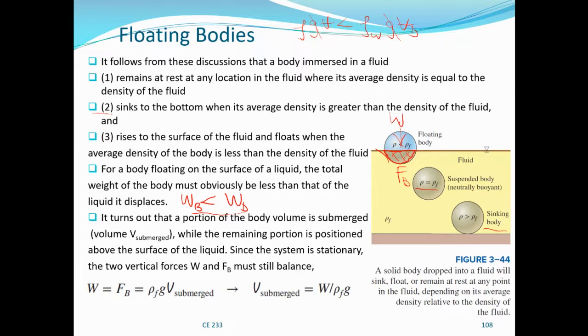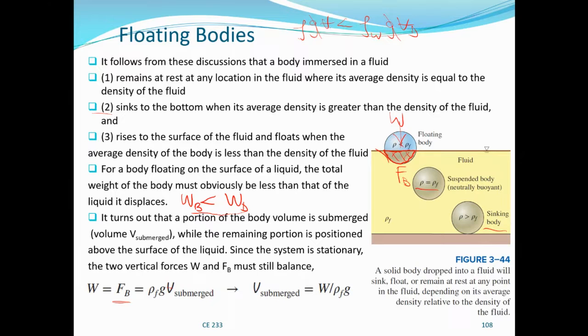So here the weight is equal to the upthrust, and the upthrust is rho F g V submerged, where this is the submerged volume. So the submerged volume is equal to the weight over rho F g.